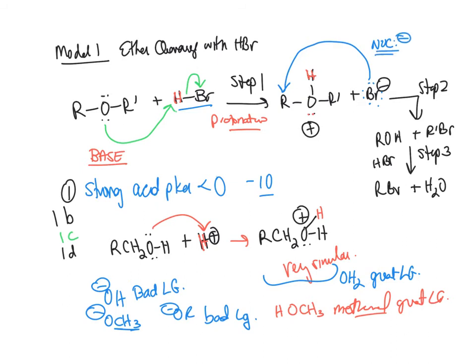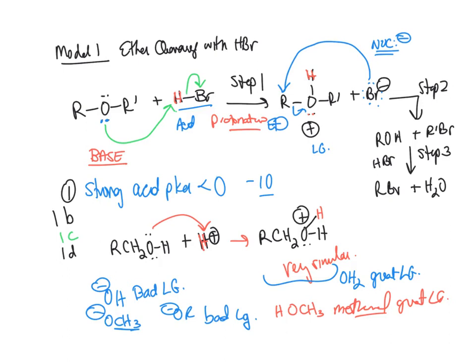Here the oxygen lone pair is going after a hydrogen, so that makes it a base. Here it's going after a carbon. Now this is going to leave, so there I'm showing you that that's your leaving group. So this is your electrophile, the protonated ether.